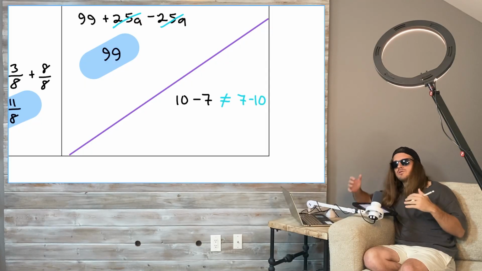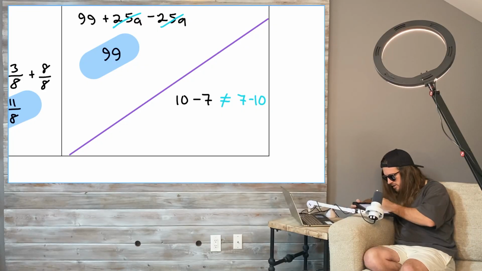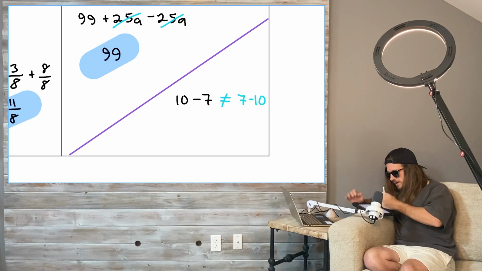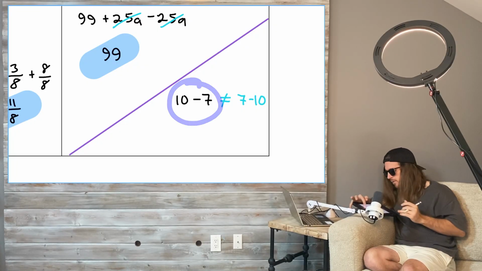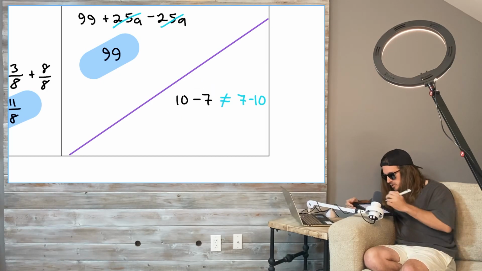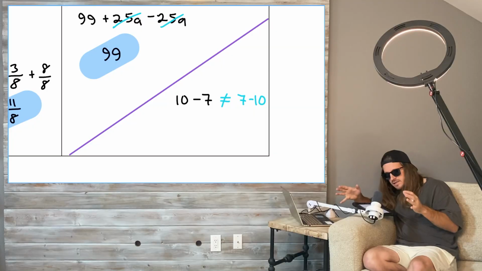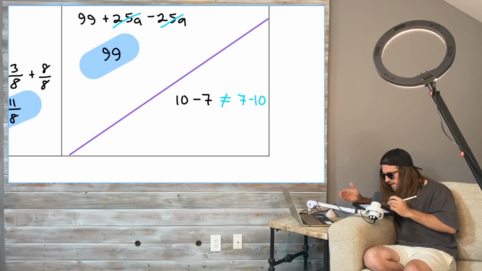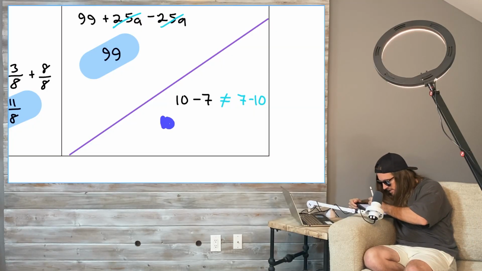You cannot use the commutative property with subtraction. However, there is a way we could force the commutative property into this. We just have to rewrite it as addition. So 10 minus 7, whereas it's not the same thing as 7 minus 10, it is the same thing as 10 plus negative 7.